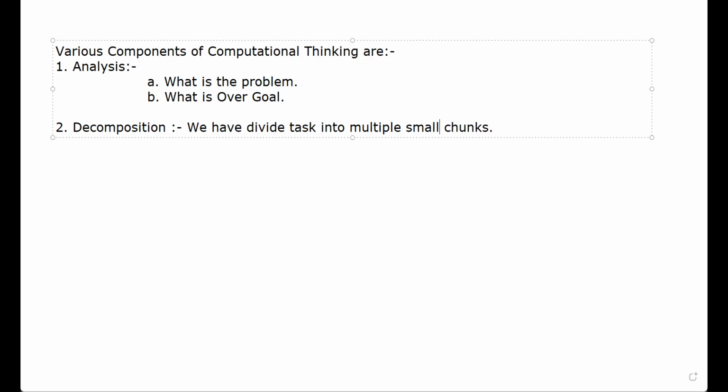In the decomposition step, we need to divide all the work, the big work, into small steps. Suppose I want to go from Delhi to Mumbai, then we have to do lots of work. We need to pack a bag, book a ticket, book a hotel, take a cab. So we need to understand all these things. If we try to do them at once, it is not possible.